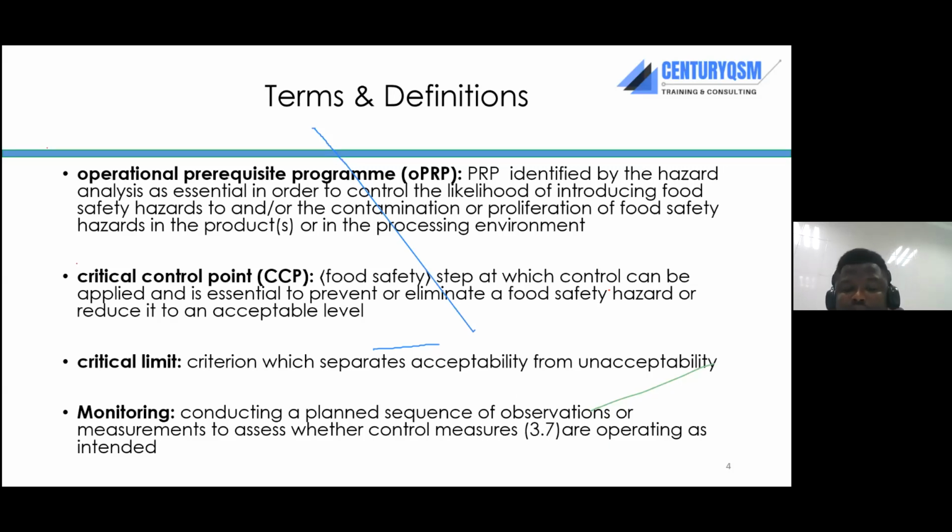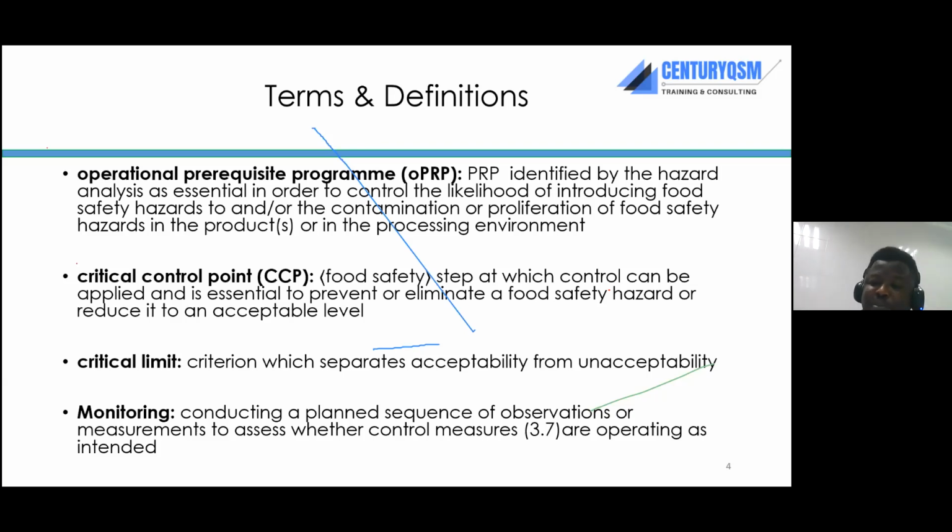But the thin line between operational prerequisite program and critical control point is that for an operational prerequisite program, there may be control along the line that can take away the hazard. But for critical control points, failure at that point will result in a food safety issue because there's no longer a control. Do you understand? That is the thin line between operational prerequisites and critical control points.